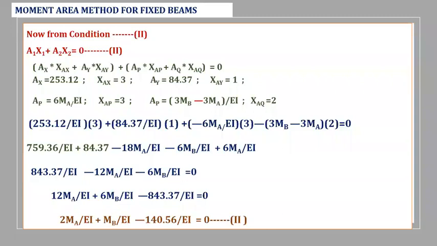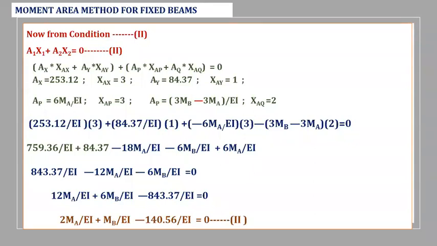So now again I will modify the equation: 12 MA plus 6 MB minus 843.73. If you divide that equation by 6, we will get 2 MA plus 6 by 6, that is 1 MB, equals 843.73 divided by 6, 140.56 by EI.